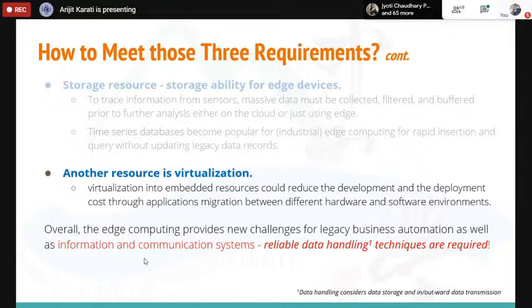The reason is the intelligence, the intelligent techniques and algorithms that we are nowadays incorporating in the edge devices, so that edge devices are becoming much smarter.